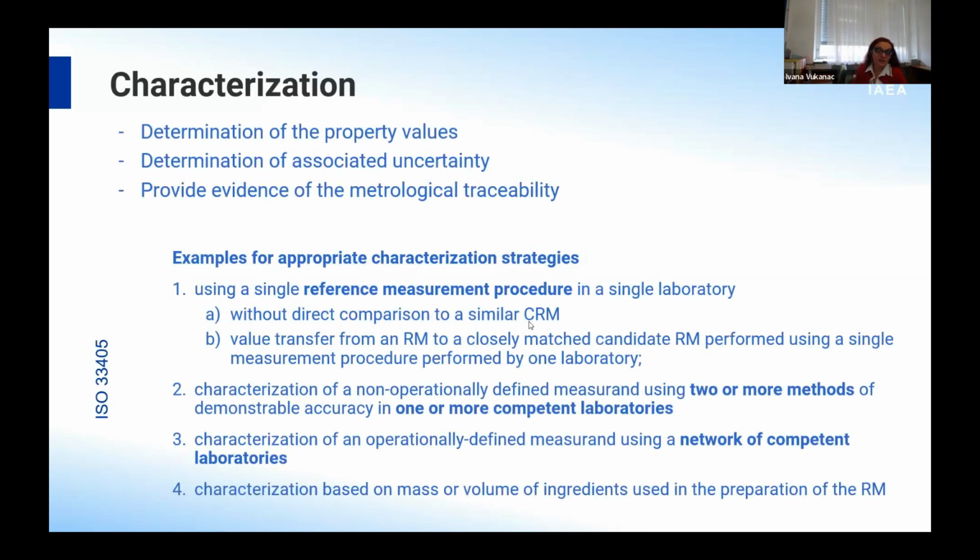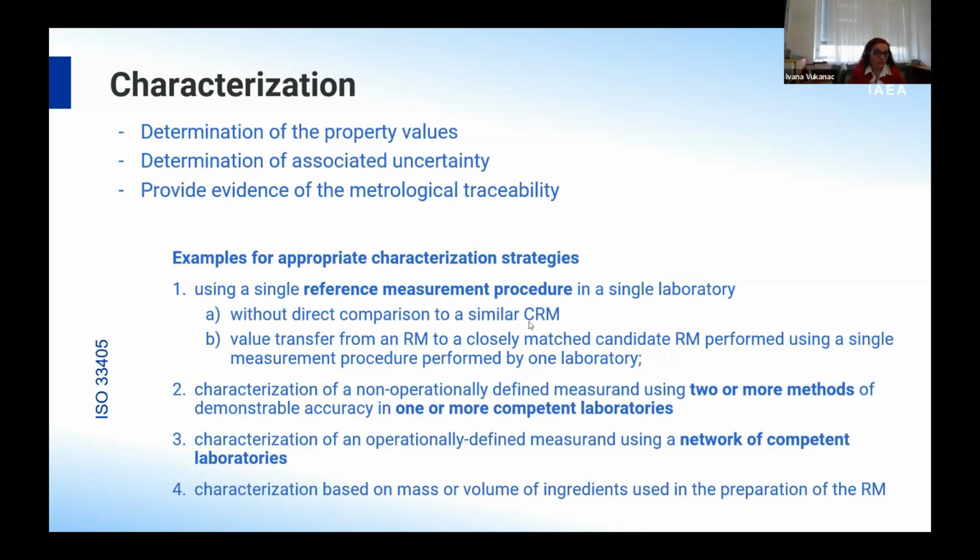Next step in reference material production is characterization. Characterization of reference material is about determination of property value, determination of associated uncertainty, and it's about providing evidence of the metrological traceability of assigned value.